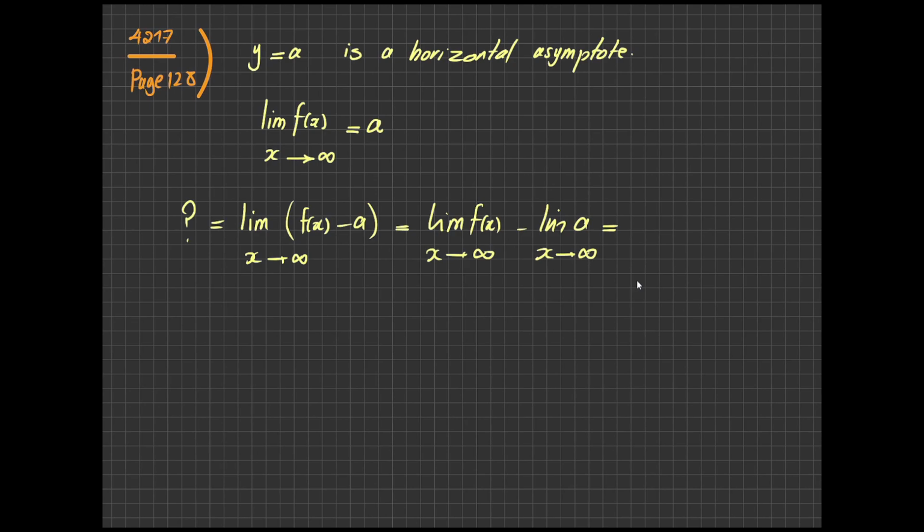Because here you see this limit is a. And what is this limit? This is a constant number, independent of how big or how small x is. So the limit of this one is also a. So this is just simply a minus a, and the answer becomes 0.